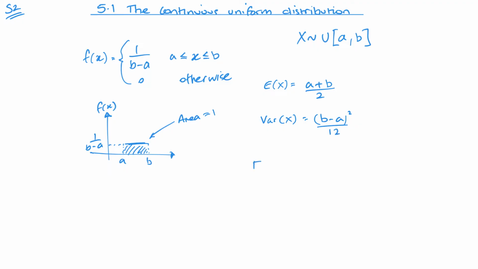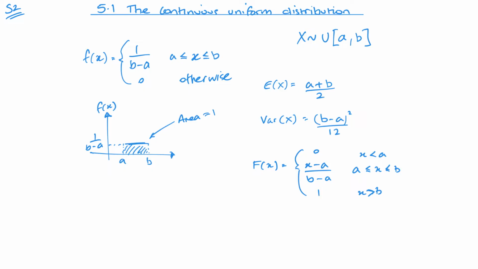And then your c.d.f, or capital F, is x minus a over b minus a, between a and b, where obviously there is nothing below a, and a probability of 1 when we go above b.